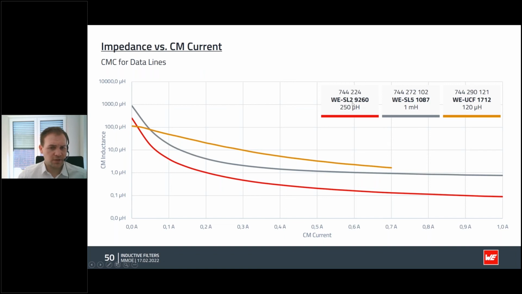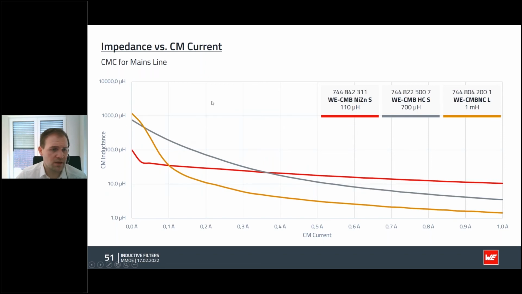For the SL2, for example, that we have here, we have a starting inductance of about 250 microhenry. But introducing only 100 milliamps of common mode signal will lead to a drop to about 6 to 7 microhenries for this SL2. So even a very small common mode signal will lead to a very quick roll-off of the inductance for a common mode choke.